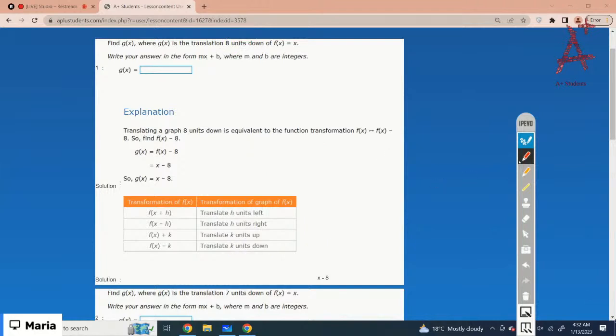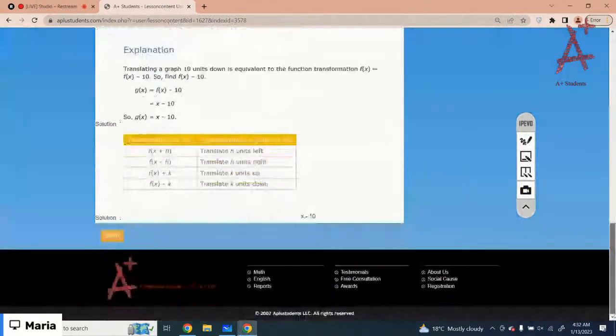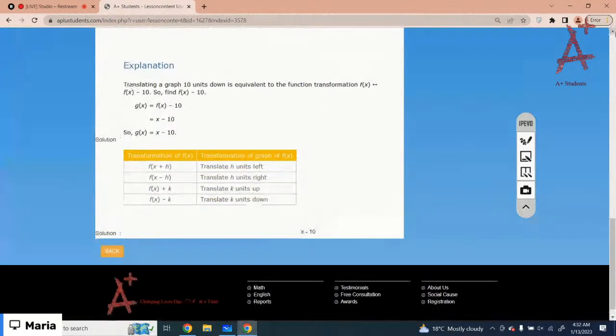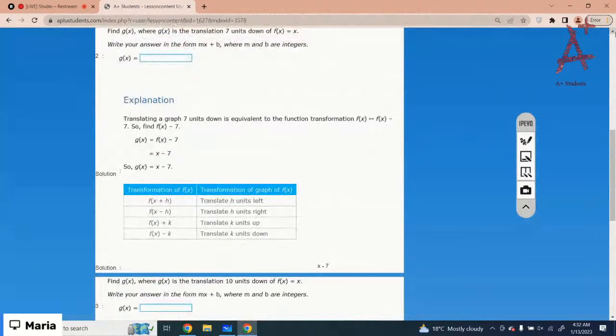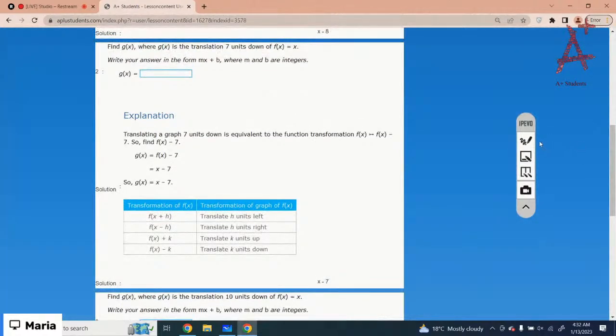Okay, the next one is: find g of x where g of x is the translation 7 units down of f of x equals x. Got it? So you have to translate the function 7 units down.